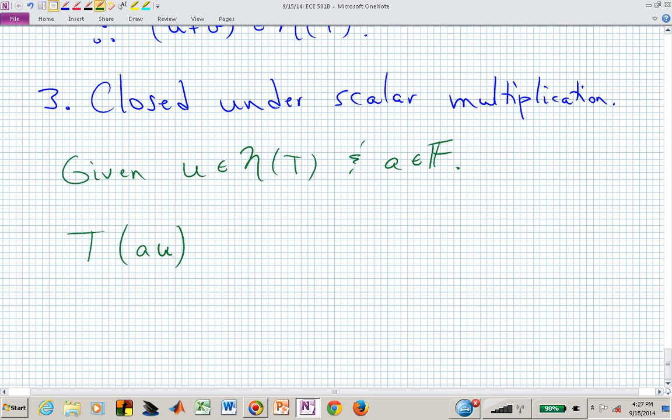Suppose we now look at T of AU. Well, we know by homogeneity that that must be A times T of U, since T was assumed to be a linear operator, so it has to satisfy this property.